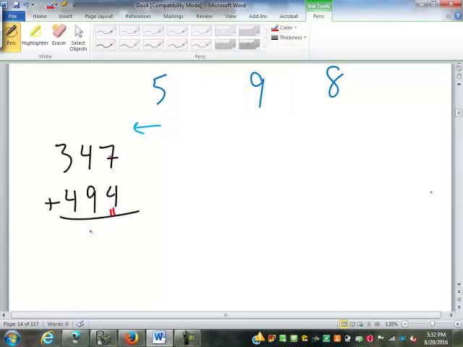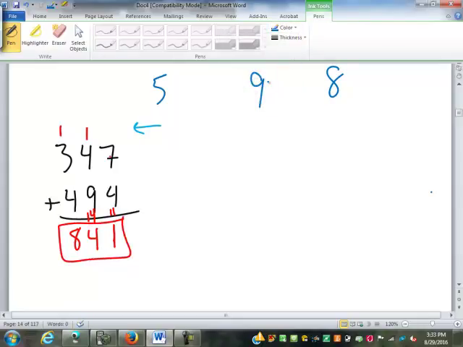Well, we can't have two digits in the same place. So we're going to keep the 1 and we're going to carry the other 1. Then that 1 combines with the 4 to make 5, plus 9 is 14. So again, we're going to keep the 4, carry the 1. 1 and 3 is 4, plus 4 is 8. So we get 841.